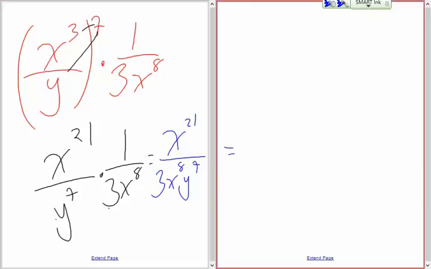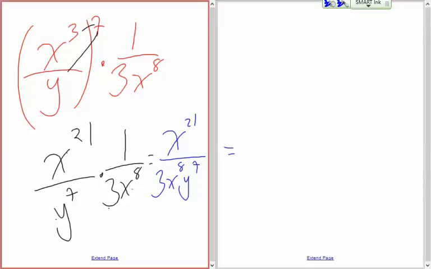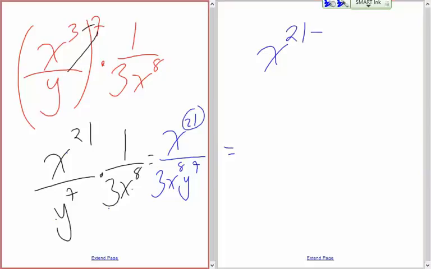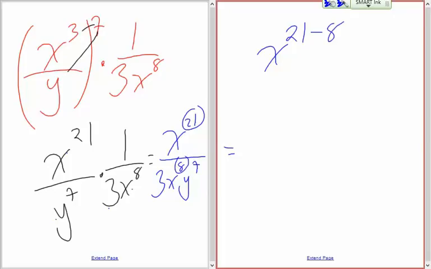Okay. So now I could have either cross-canceled them, or I can just stack them and then do the subtraction thing. All right, so I'm looking at x to the what? 21st minus 8. That's right. So what is that going to give me? Yeah, 13.